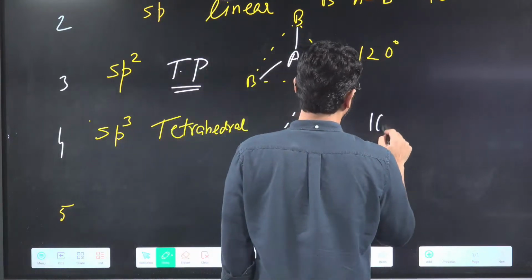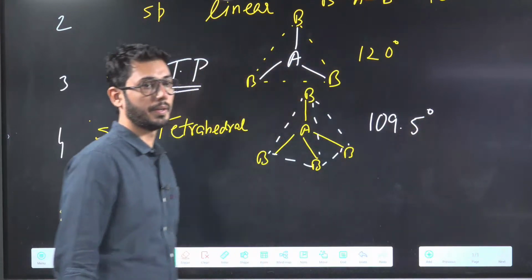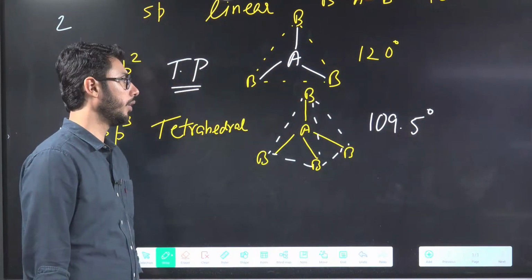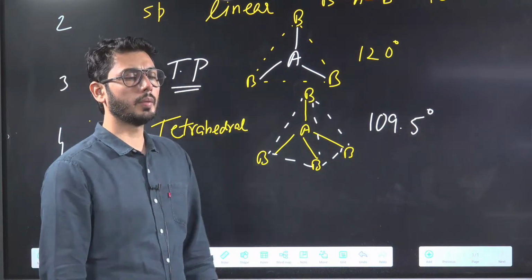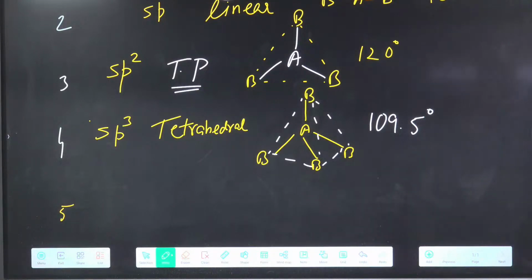How much is the bond angle? 109.5, yes, 109 degrees 28 minutes. Now tell me, how many 109.5 degree bond angles are there?